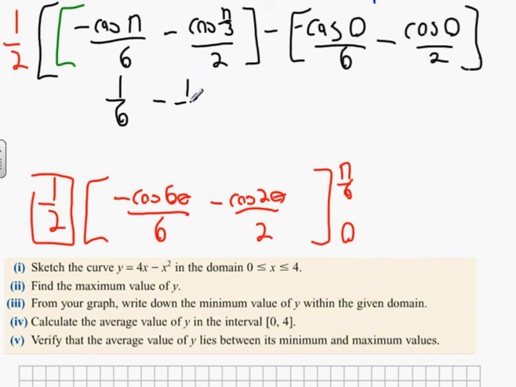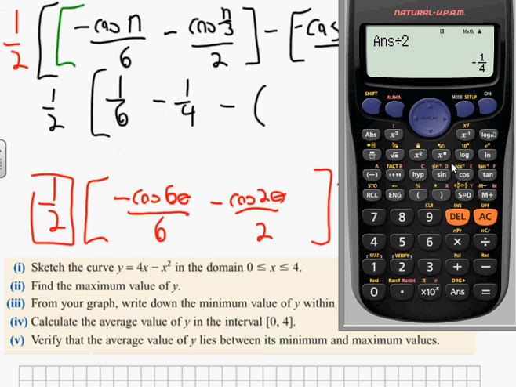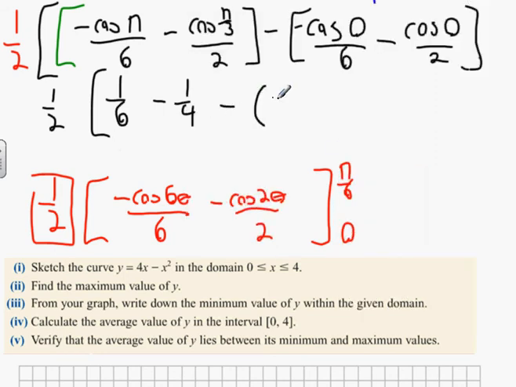Minus a quarter. The half is still on the outside. Minus bracket cos 0. So cos 0 is 1. So that's going to be minus 1 over 6. And then cos 0 is 1, minus a half. All in brackets.